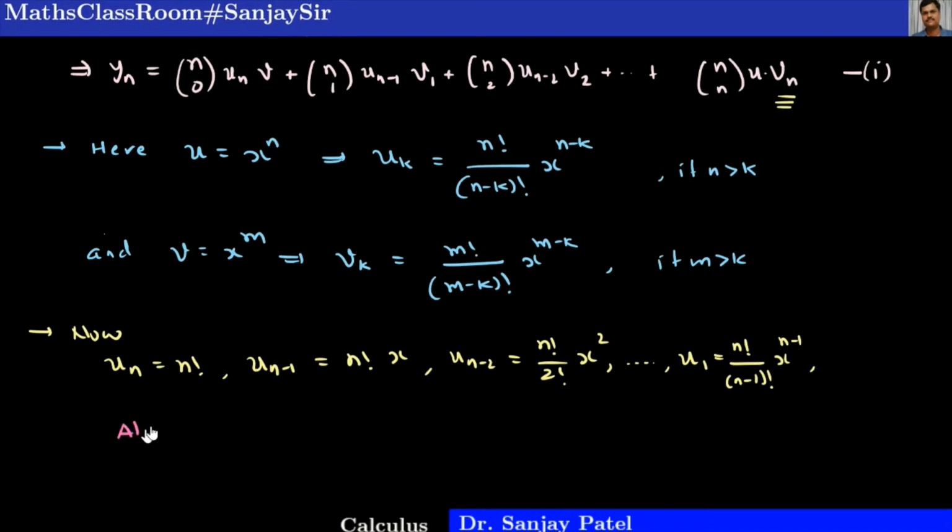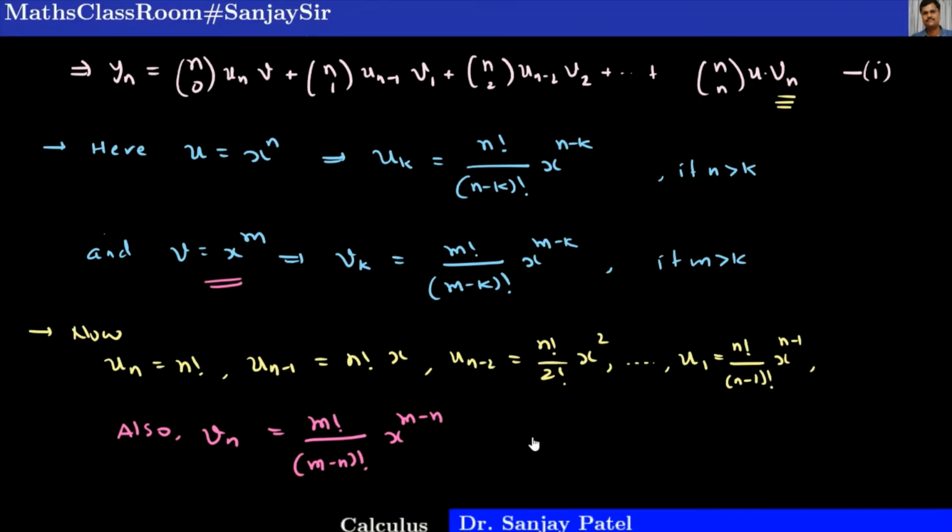Also we can write vn for this function. Vn is equal to m factorial upon m minus n factorial into x raised to m minus n. By putting k equal to n here, we will get the nth derivative of x raised to m.